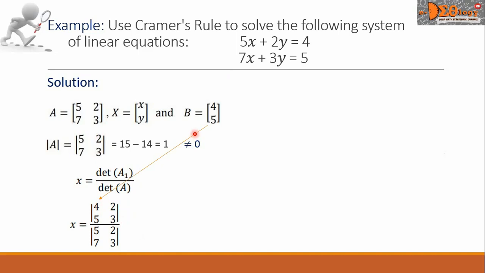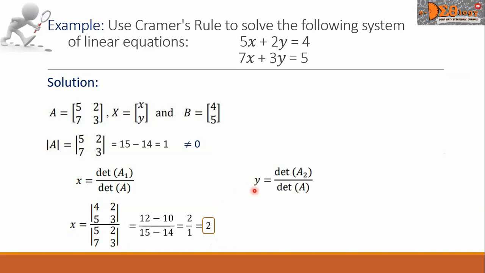And that is, we replaced by the constants here. Then let us evaluate the corresponding determinants. 4 times 3 is 12, minus 5 times 2 is 10. All over, 5 times 3, 15, minus 7 times 2, 14. Simplifying, we have now 2 over 1 or equal to 2. This is the value of x.